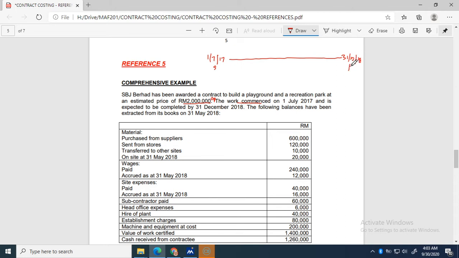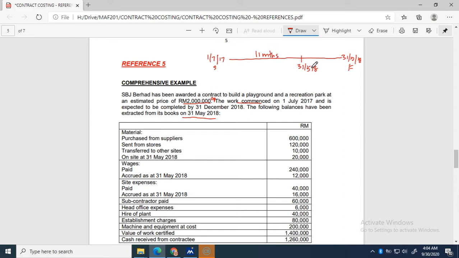So the following balances have been extracted in the books on 31st May. You close your accounts here, 31st May 2018. From 1st July 2017 until 31st May 2018 is about 11 months.